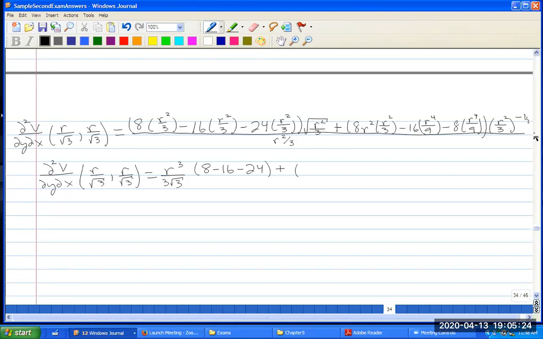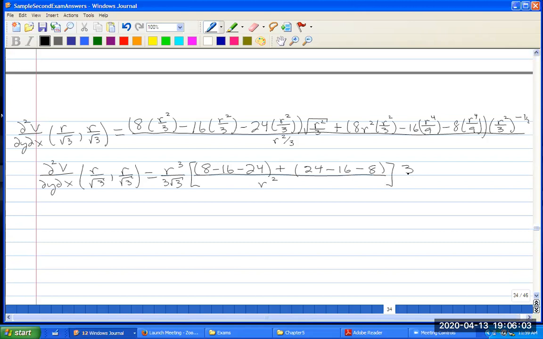And so I'm multiplying by the square root of 3. And so 9 square root of 3 divided by 9 is dividing by 3 square root of 3. So this just becomes 24 minus 16 minus 8, all divided by, well, r squared over 3. So that's multiplied by 3. I don't know how to denote that.